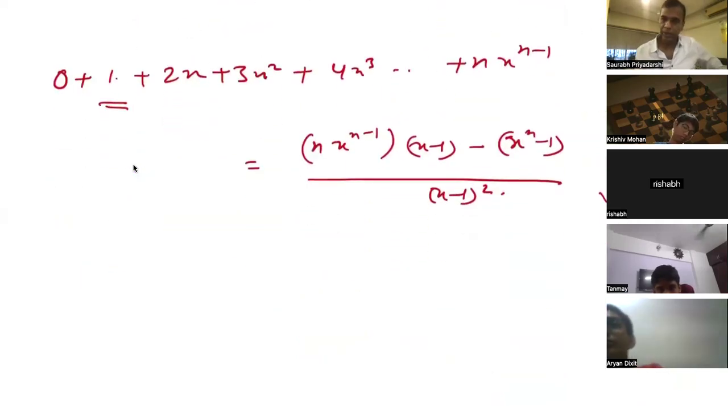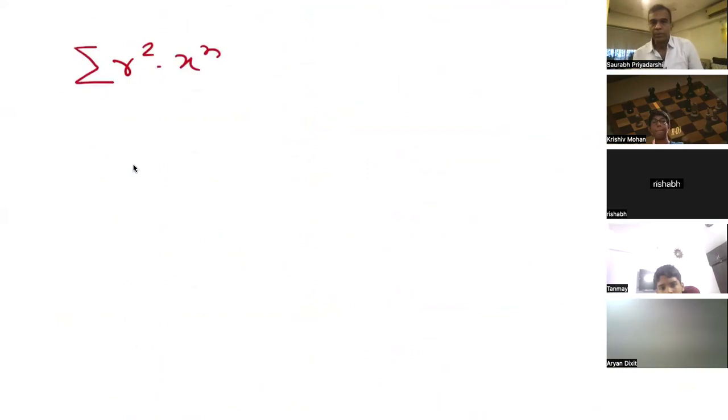Okay, this one, right? What if we have to find, in the question given, r square into x to the power n summation? How to find this?